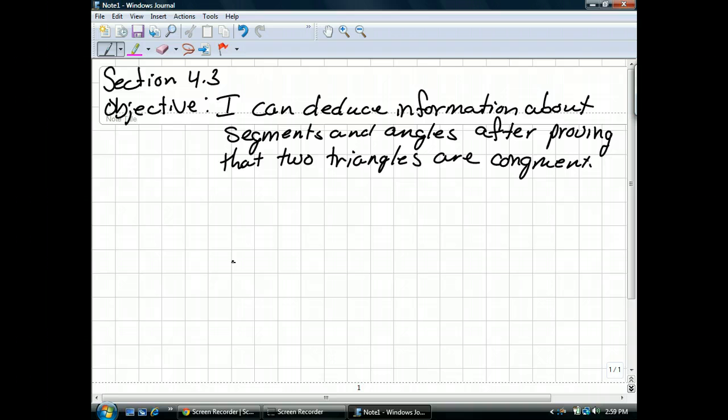So basically, what we want to do is, number one, show or prove that two triangles are congruent.